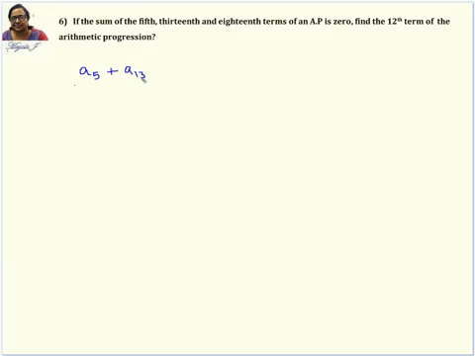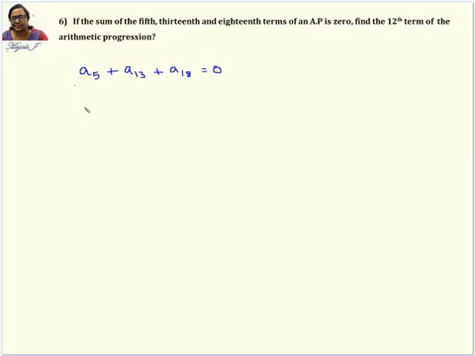So, put the term. Sum of the fifth term plus 13th term plus 18th term in the AP is 0. And expand these terms. You know the formula. I'll do it here. One of you can keep telling this.